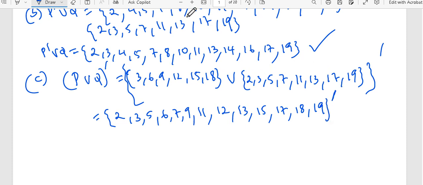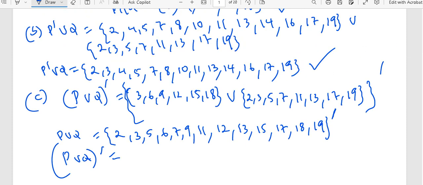Then we now look for the prime of this. What you have in the universal set that is not in this P union Q. So P union Q prime becomes what you have in the universal set that is not in the elements you have here. So let's go back to the universal set.